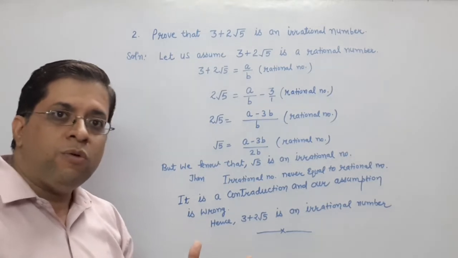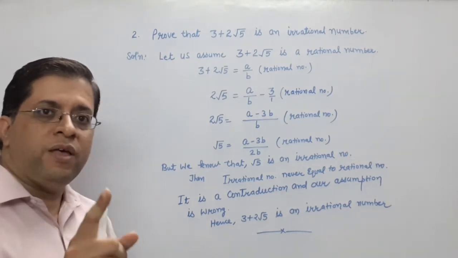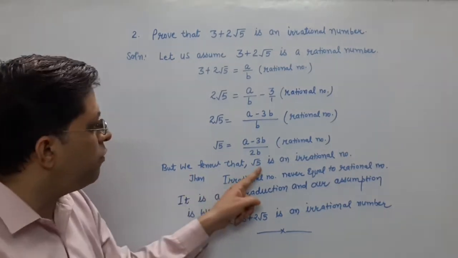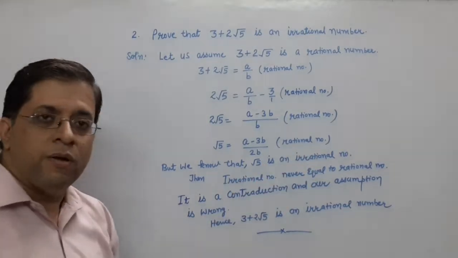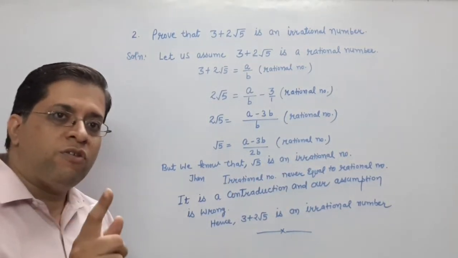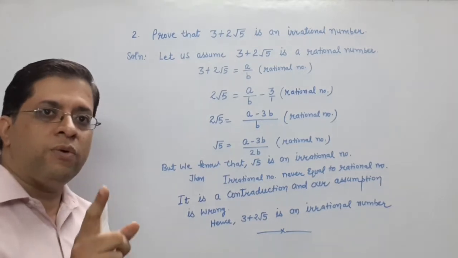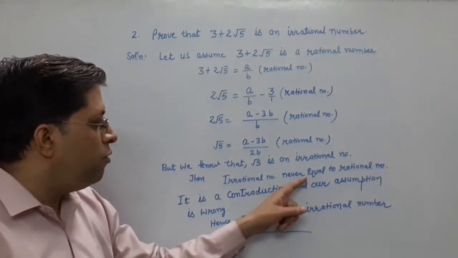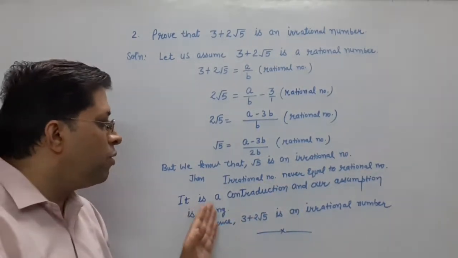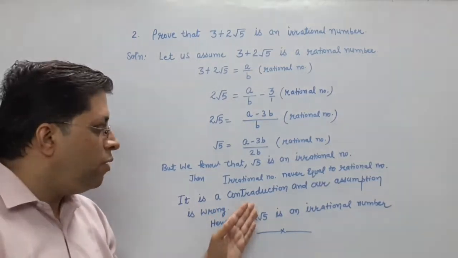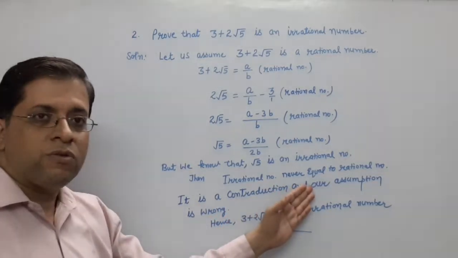But we know that root 5 is an irrational number, and an irrational number is never equal to any rational number. This is a contradiction. Our assumption was wrong.